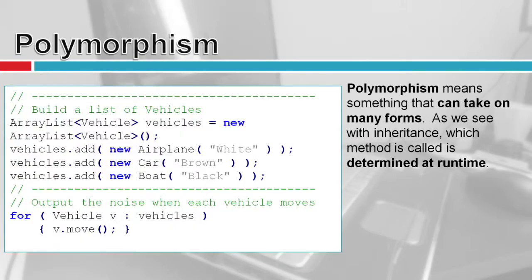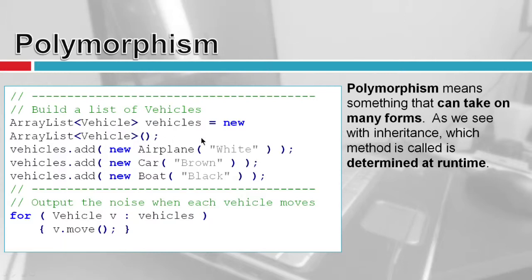Say I have an interface vehicle here, and I can create three different classes like airplane, car, and boat, and they all are of type vehicle. I can loop through a list of these vehicles. I can add them to an array list, because as long as they have the is-a relationship, an airplane is a vehicle, a car is a vehicle, a boat is a vehicle, I can put them all in the same collection.